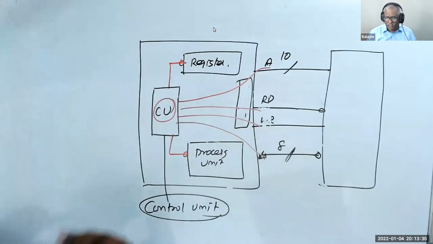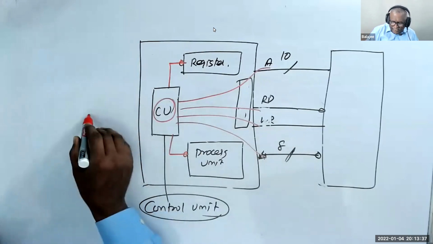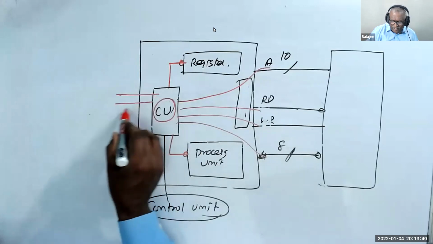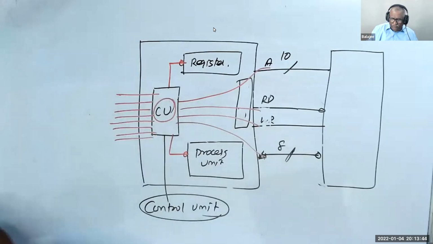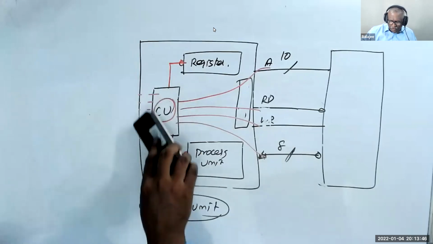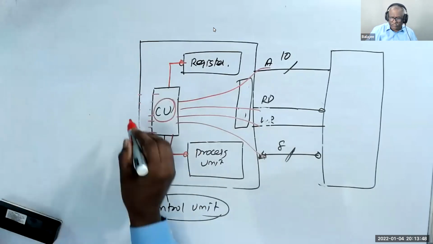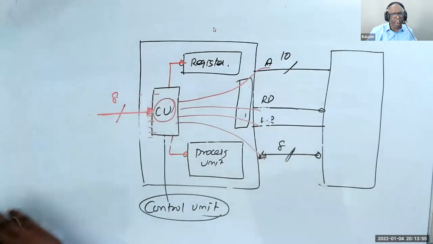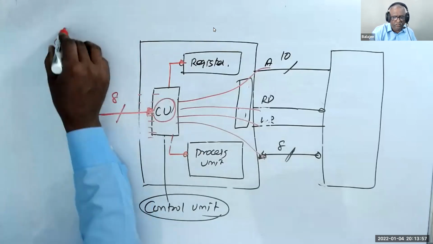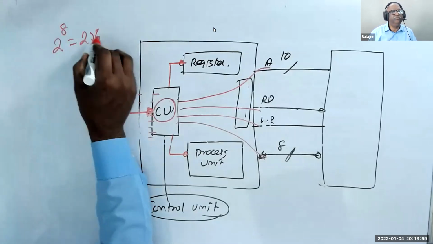Based on what? He gets a command from outside. Let us take it once again. I remove these many wires and put a single set of 8 wires. See that? It's one direction. 8 wires means 2 power 8, 256.